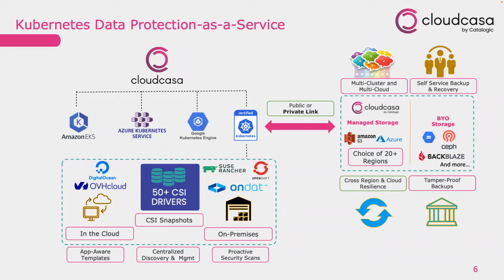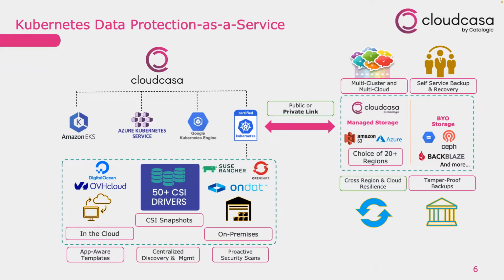But having said that, customers might still prefer to bring their own storage. It could be running on any popular storage like Ceph or Backblaze, or any other object storage, also supported by CloudCasa.